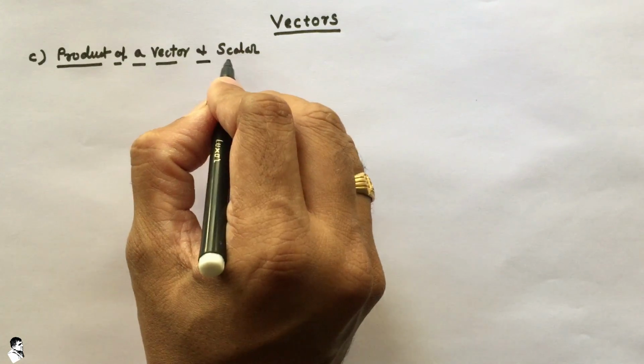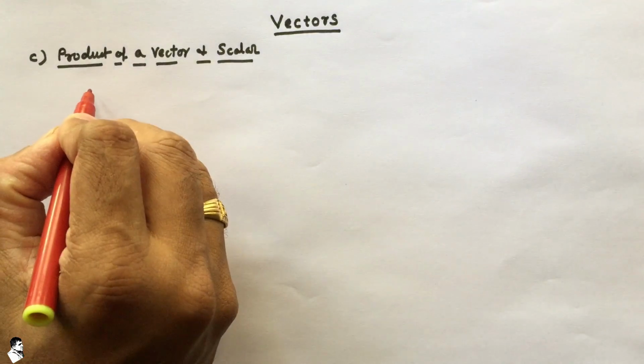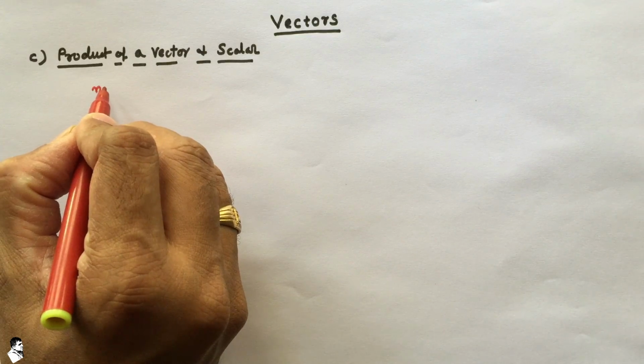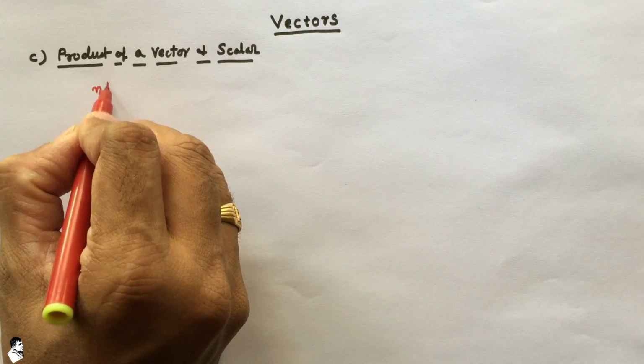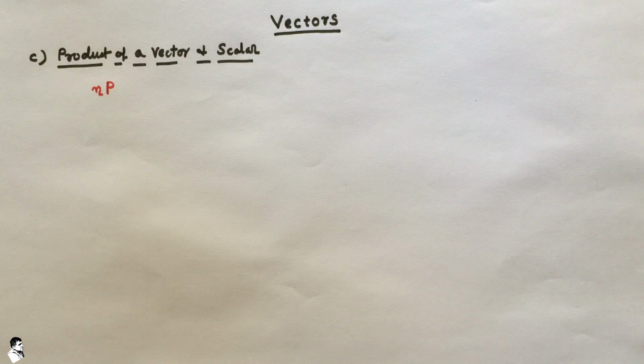Now here the product that we considered as nP. So considering n as a positive integer and P as a vector, the result has the same direction as P and the magnitude nP.